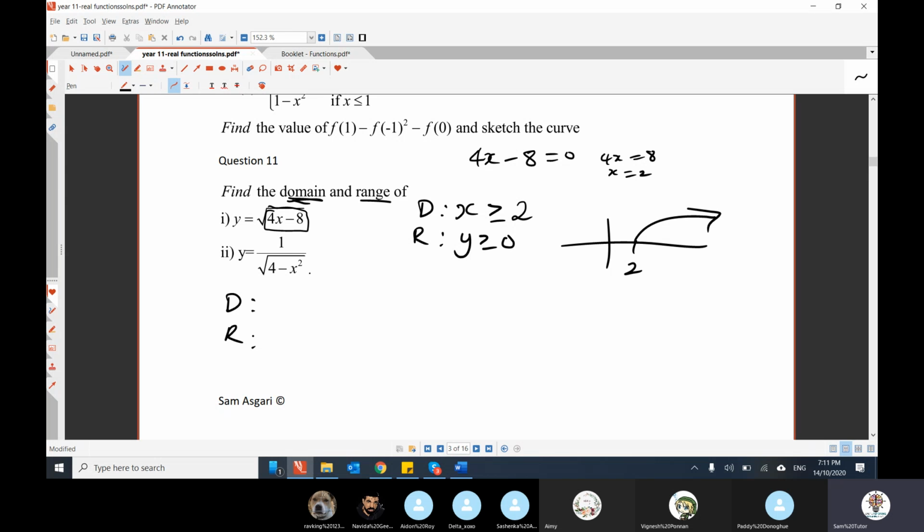All right, let's see. Let's start with Nav. Domain. I couldn't determine. I've kind of forgotten how to. But again, think about the square root. Inside your square root, can it ever be a negative?